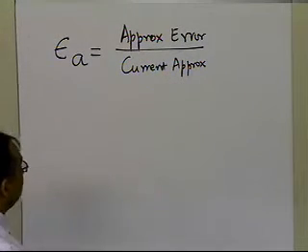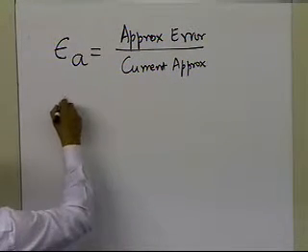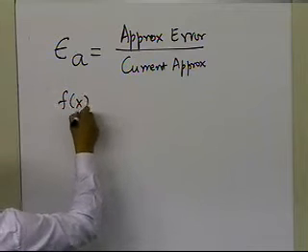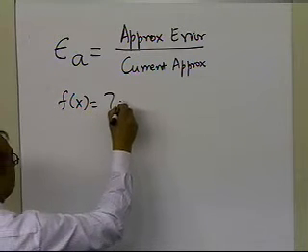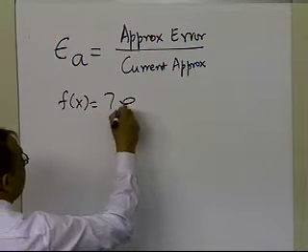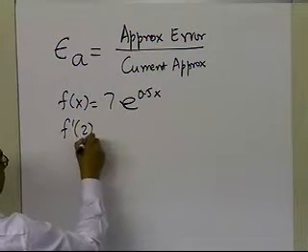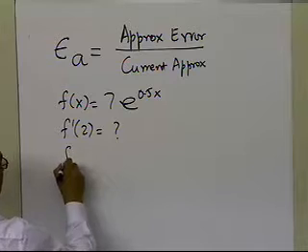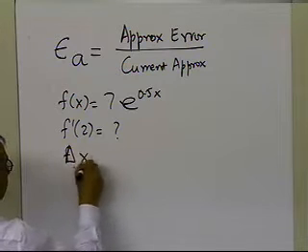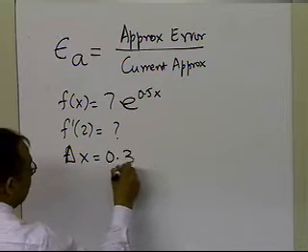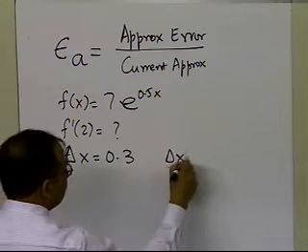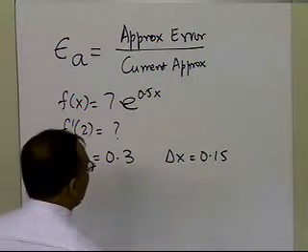So if we look at the first case, where f of x is equal to 7 e to the power 0.5x, we're asked to calculate f prime of 2, and we are using delta x equal to 0.3, and then we're using delta x equal to 0.15.